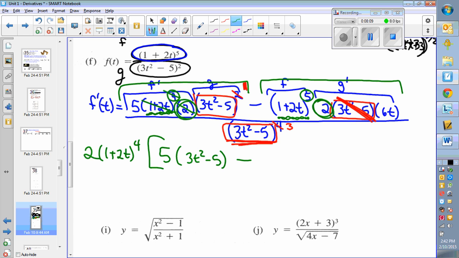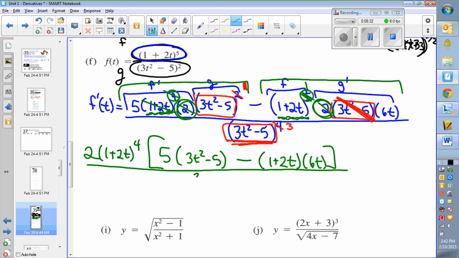In this one, we took 4 of these away, so that 5 becomes 1, and it leaves 1 plus 2t here. The 2 is gone. The 3t squared minus 5 was already gone, so there's still 6t left behind. And this whole thing is still divided by 3t squared minus 5 cubed.